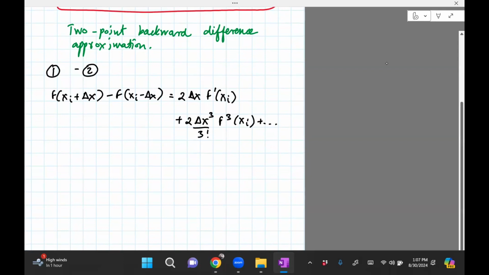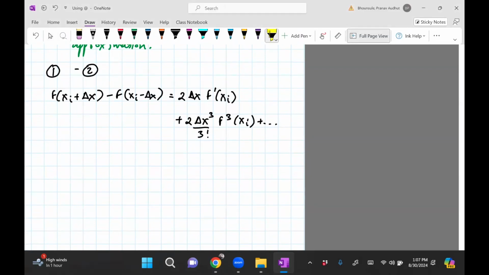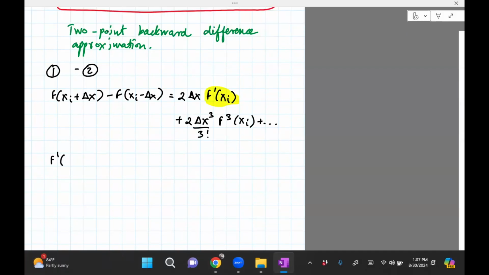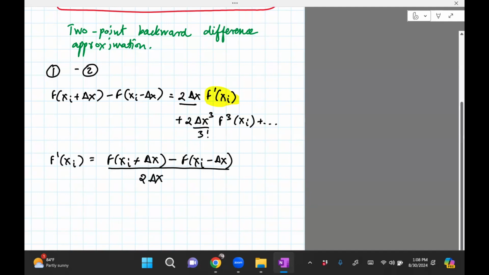Okay, so what I'm going to do is to compute f prime x, which is what you can see here. I'm just going to solve for this term. So if I solve for that, I get f prime of xi equals f of xi plus delta x minus f of xi minus delta x. Then I'm going to get rid of this 2 delta x, so divide the whole thing by 2 delta x.